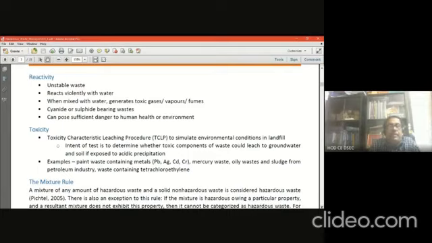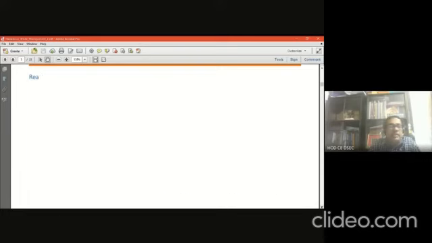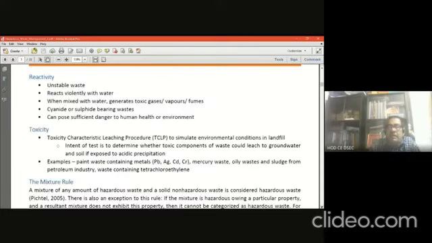Examples: paint waste containing metals like lead, silver, cadmium, chromium, mercury waste, oily waste, sludge from the petroleum industry, and waste containing tetrachloroethylene. These are the examples under toxicity.